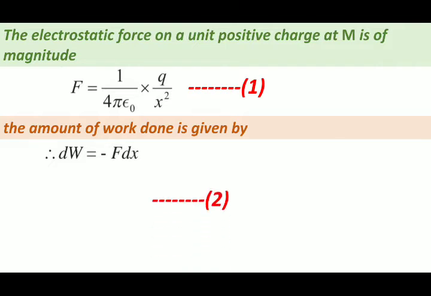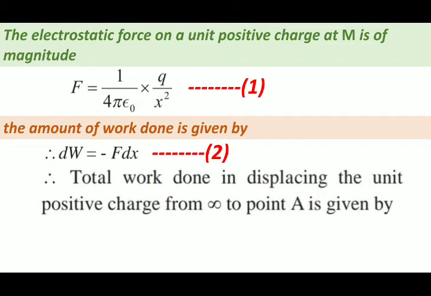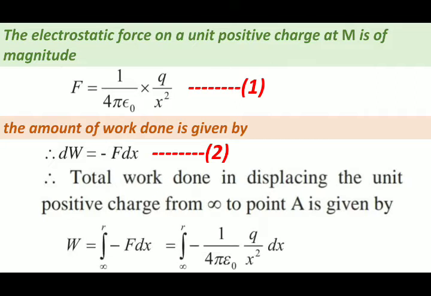Therefore, the work done in displacing the unit positive charge from infinity to point A is given by, so dW is minus F dot dx. Basically the overall work done will be the integration of minus F dot dx with the limit of infinity to the present location r.